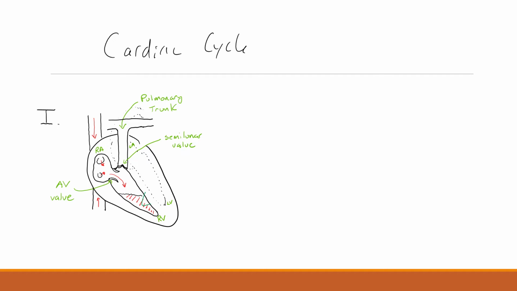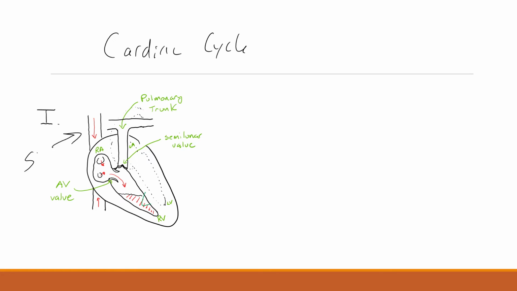The reason I'm doing that is for clarity's sake, because everything I'm about to talk about from the right side is exactly the same as what's happening on the left side of the heart at the same time. If there are any differences, I will mention them, but overall you can assume that whatever I'm talking about is exactly the same as the left side. So that's why I'm only focusing on the right side right now, to make it a little bit easier.